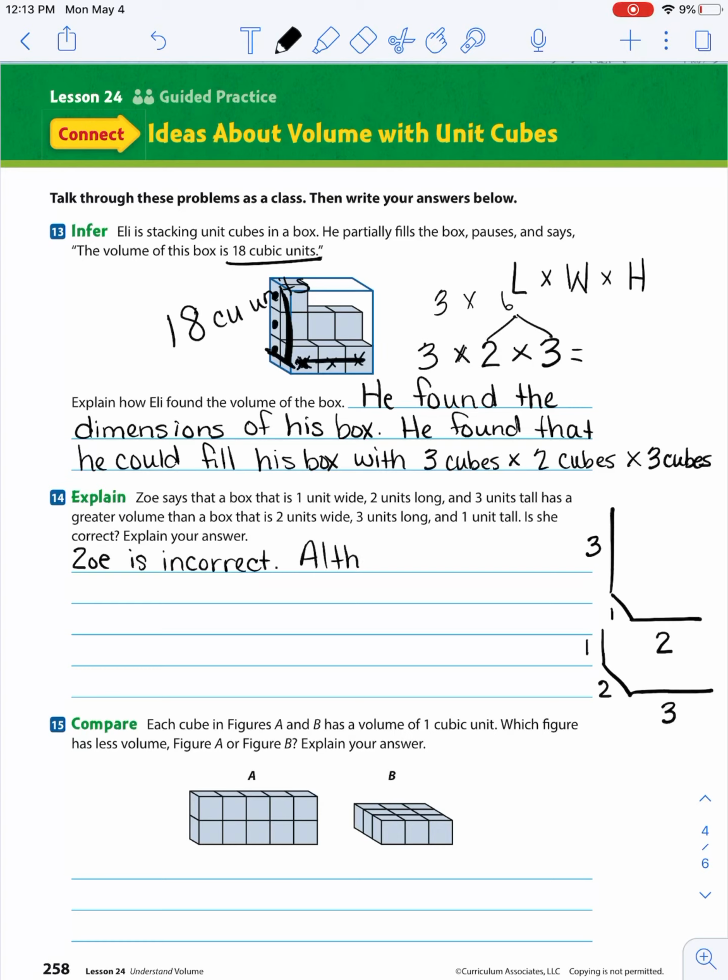Although the dimensions are different on the sides, the volume is the same.